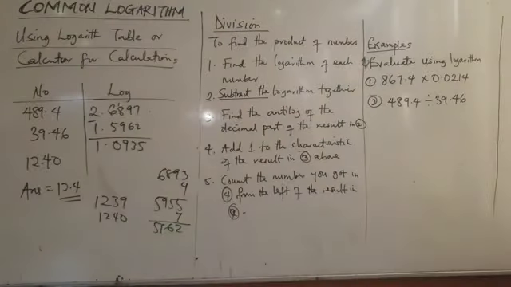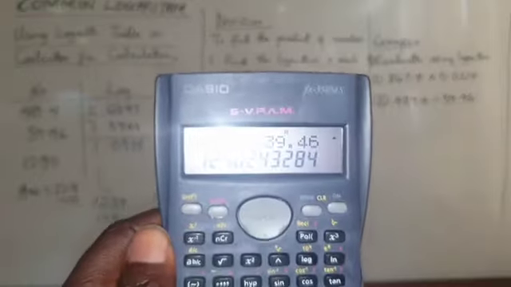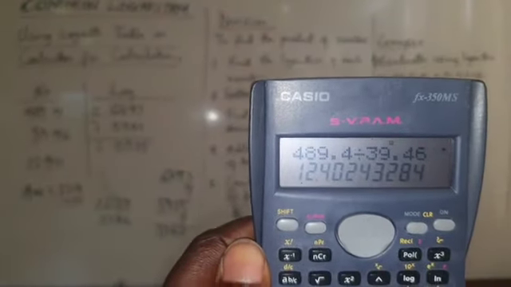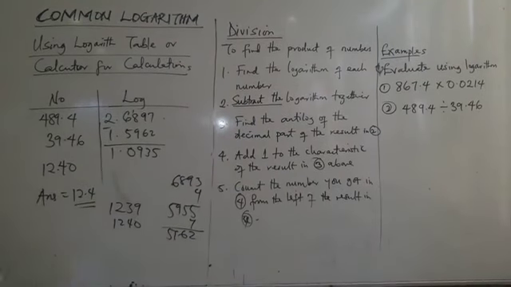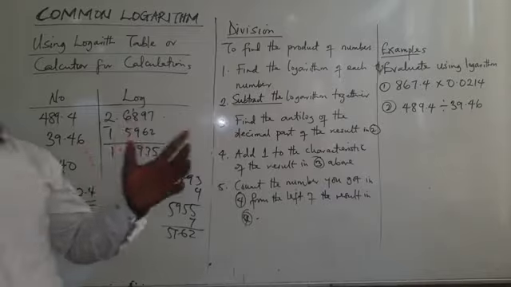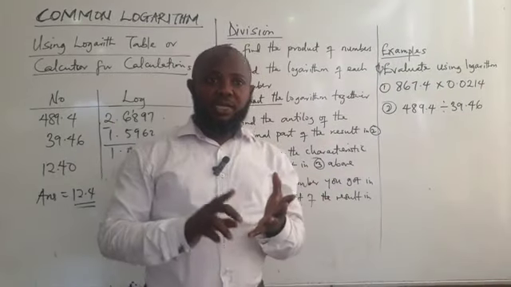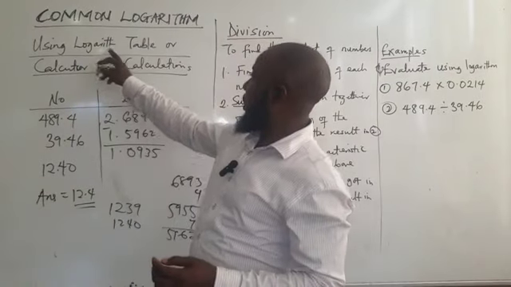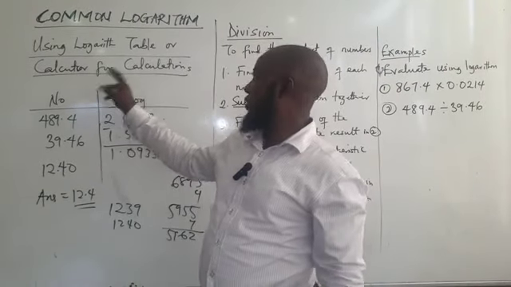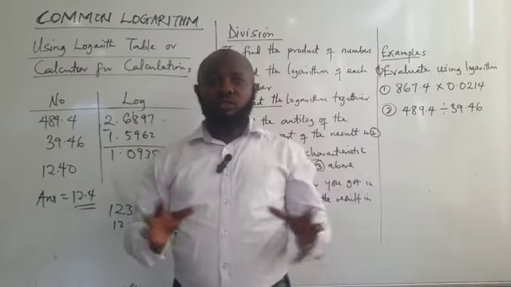As you can see, 12.40. Can you see that? So which is the same thing with what we have here, 12.40. So that is that on products, that is multiplication and division, using logarithm table or calculator for this calculation. Is that clear? So we're going to stop with this video.